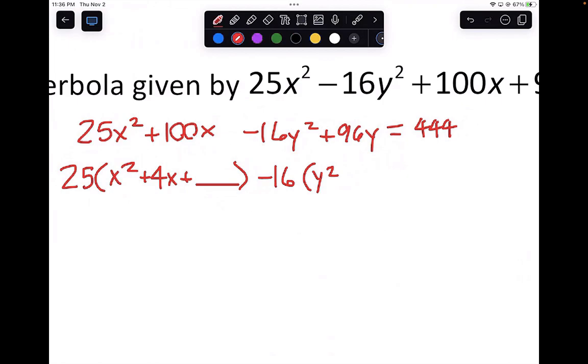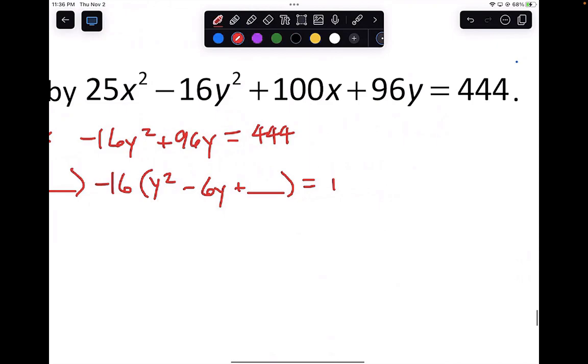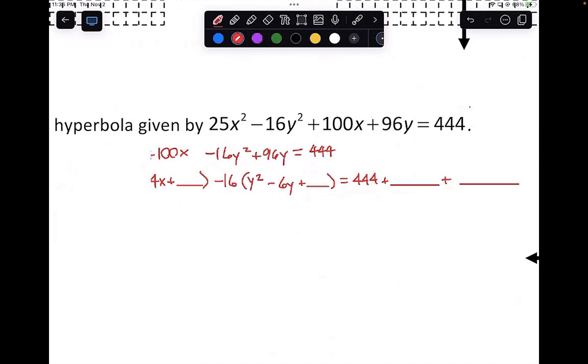So be careful there. When you divide 96 by -16, you'll get -6y, according to my notes. Then parentheses, and we'll bring over the 444, and add in 2 blanks, making them wide here, because a lot of times you'll have to multiply 2 numbers when you fill in the blanks.